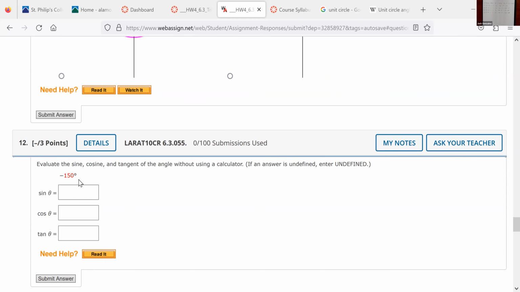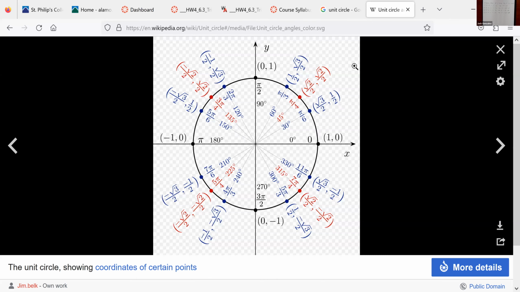All right. Here they're saying find the sine, cosine, and tangent of negative 150. So basically figure out where negative 150 is. If you go in the negative direction, 150 is right here going in the positive, so going in the negative would be here. 210, right?